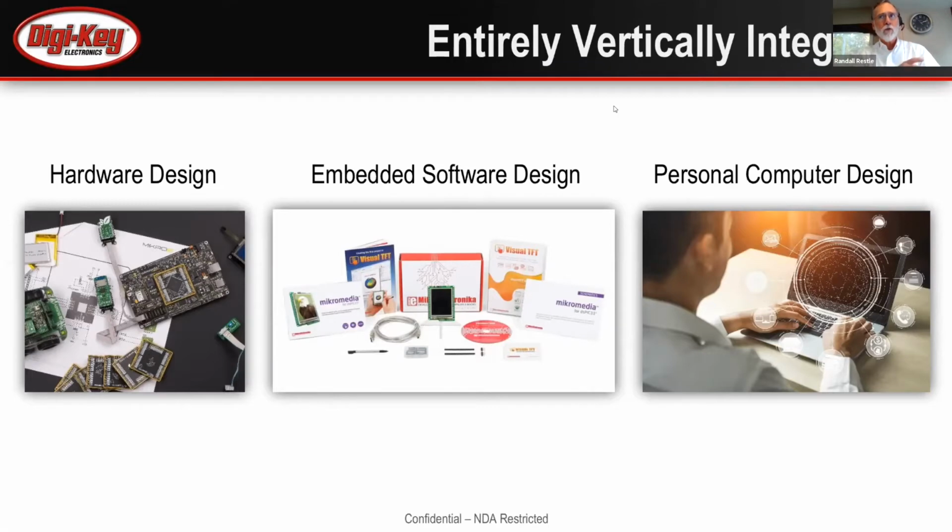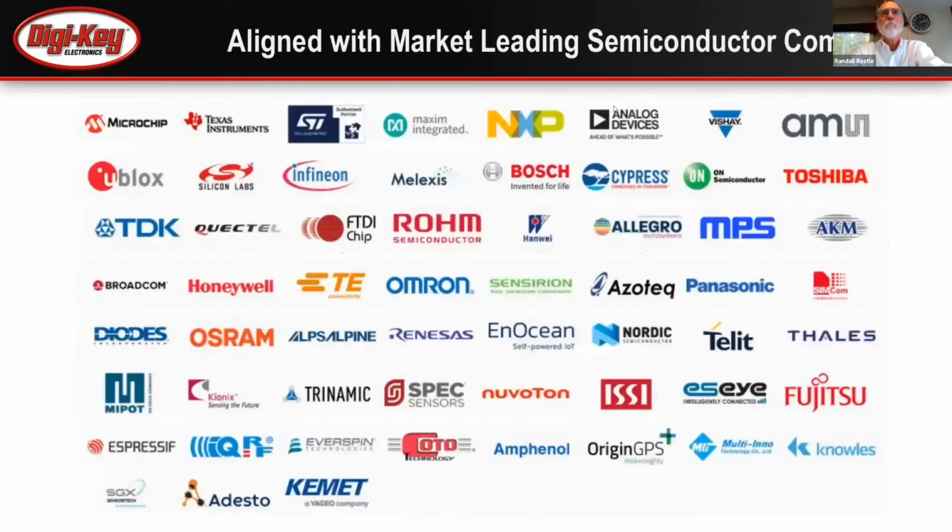That's how these little embedded boards are able to be discovered on a Wi-Fi bus and be found by a PC no matter where in the network they are. So it's a very complete and thoroughly integrated company. There are scores of suppliers to Digi-Key.